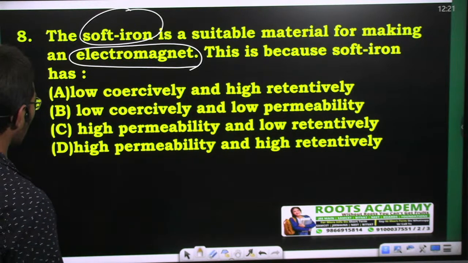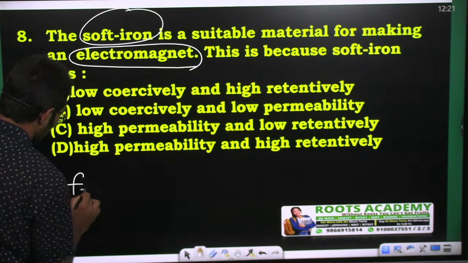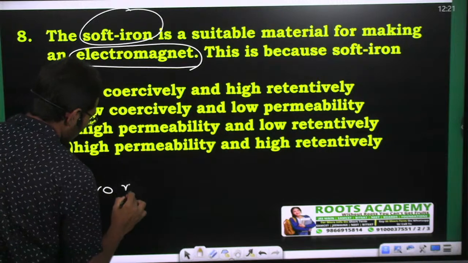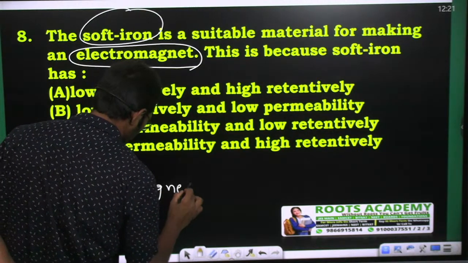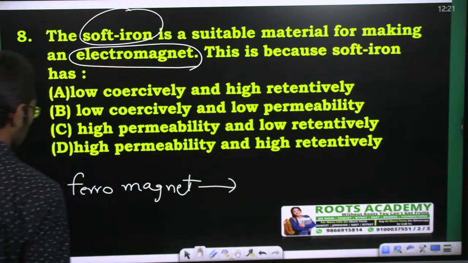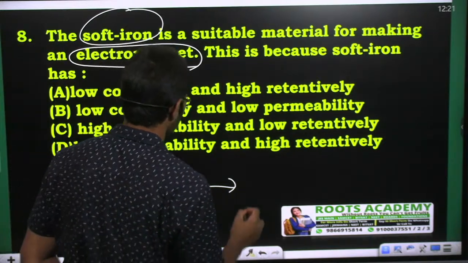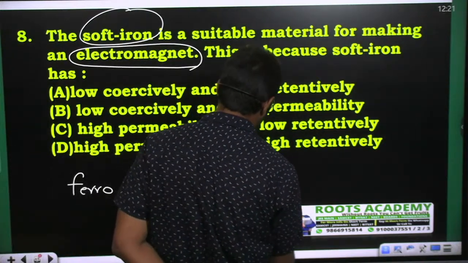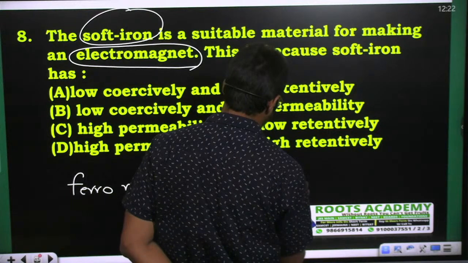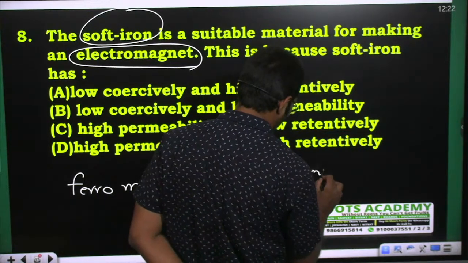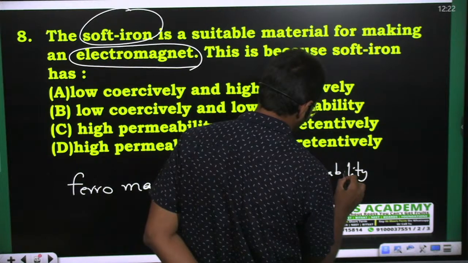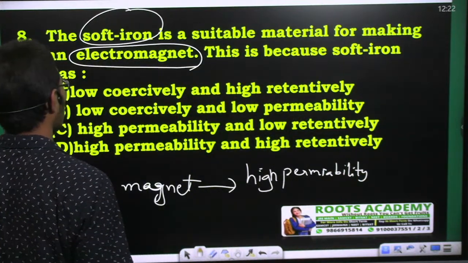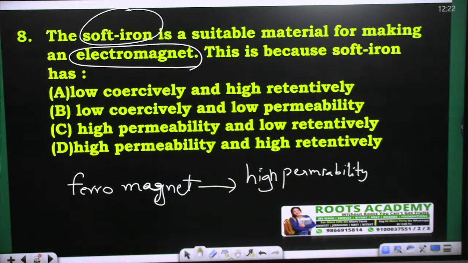Soft iron is a ferromagnet, which has very high permeability. So we have C and D.